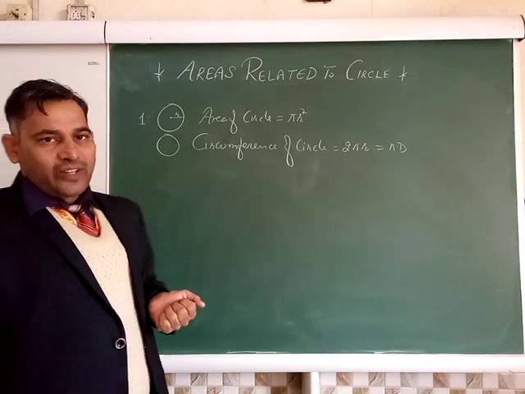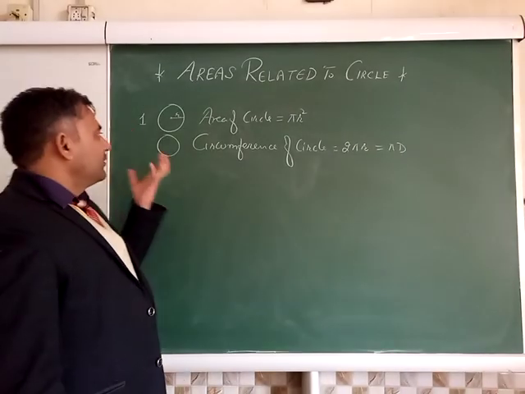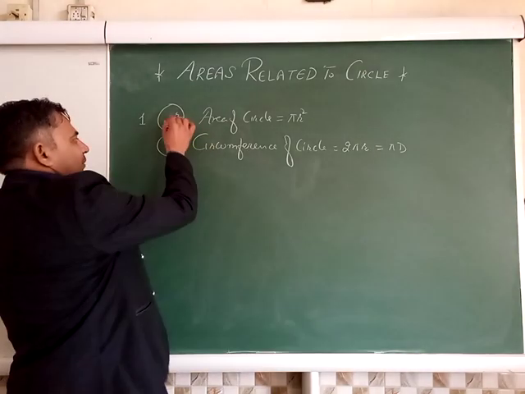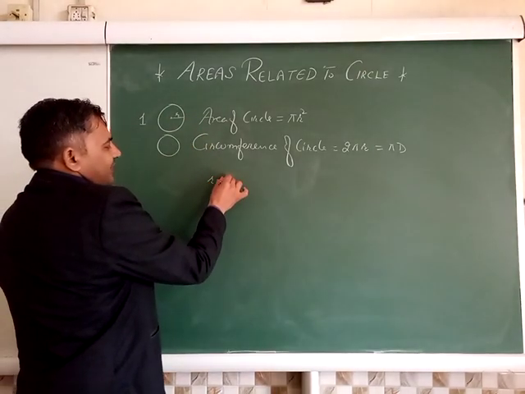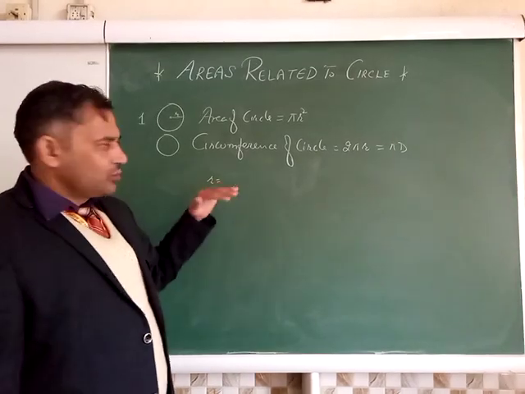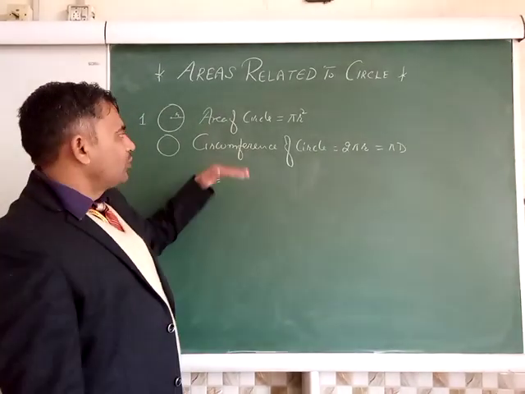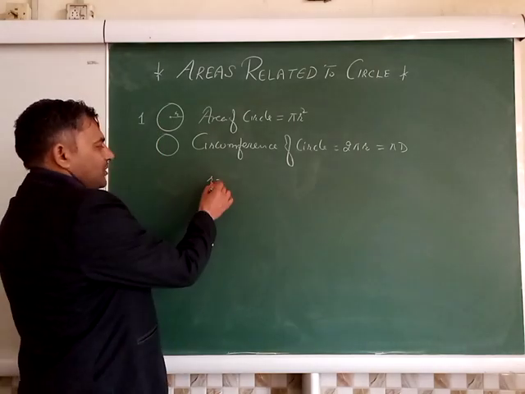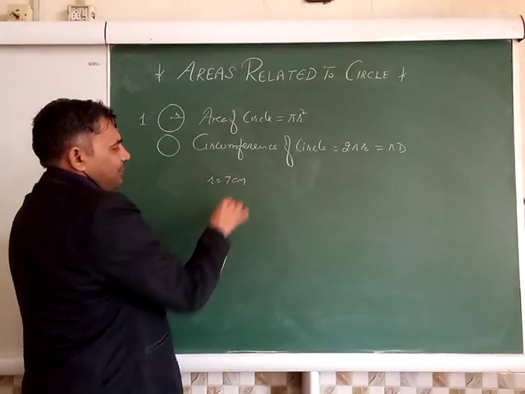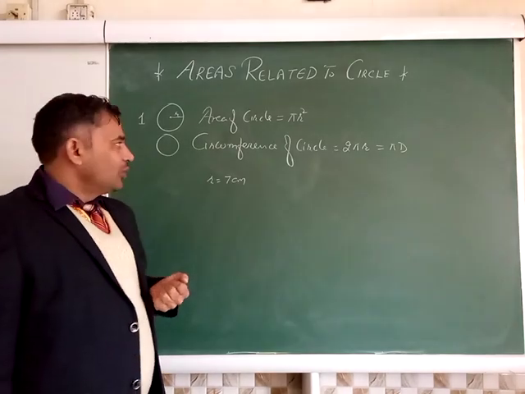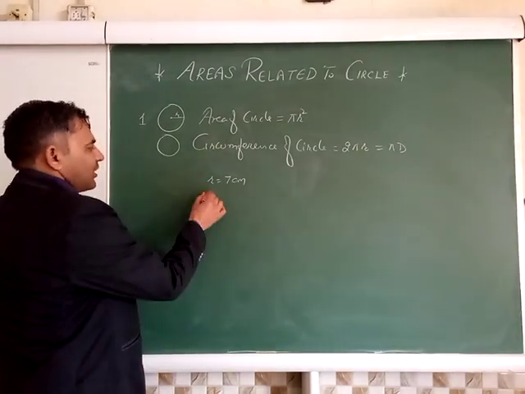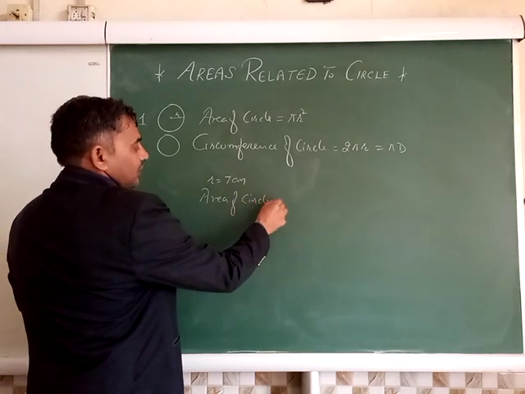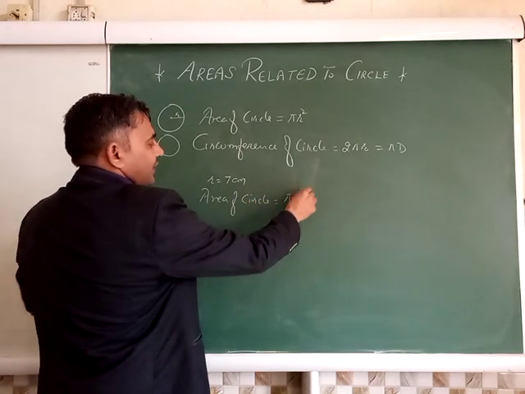Okay, let's see the question. Which type of question will be asked in the exam? MCQ based questions. I want to tell you simultaneously how to apply the formula. When a question comes, suppose the radius is 7 centimeter and someone asks you what is the area of the circle? Area of circle is equal to pi r square.